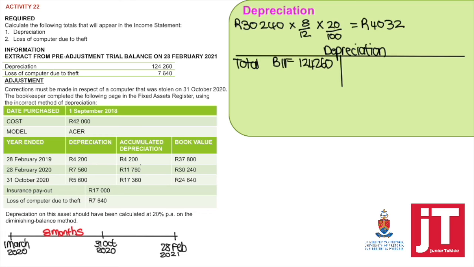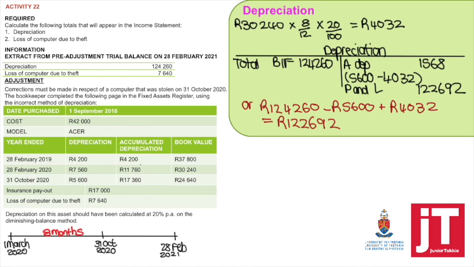The total brought forward from the pre-adjustment trial balance is 124,260. We need to minus 1,568, and my new depreciation is 122,692.